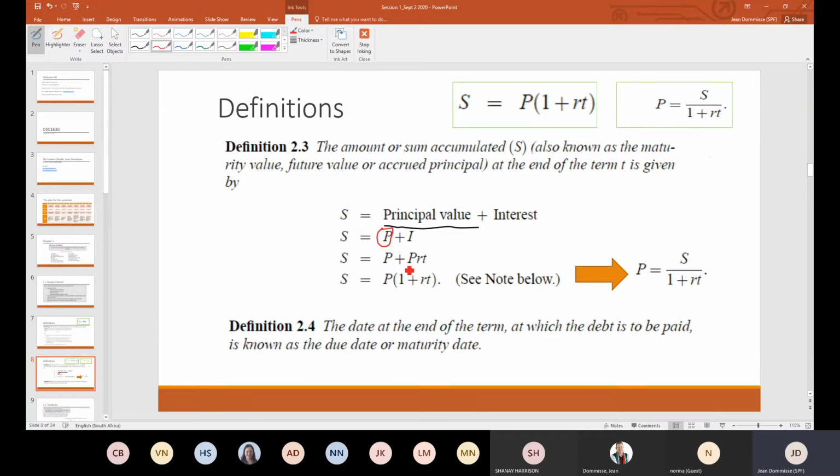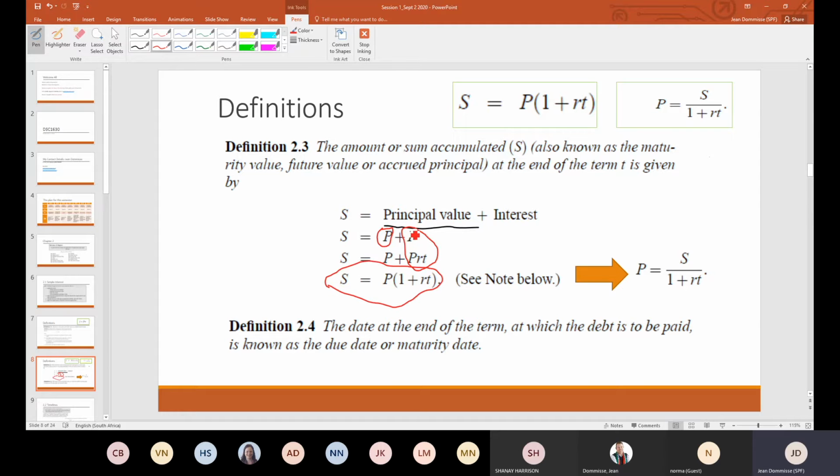So what they also do is, from the previous formula that was I is equal to PRT, here they just did the replacement, so that they just show you how to get to that final formula.